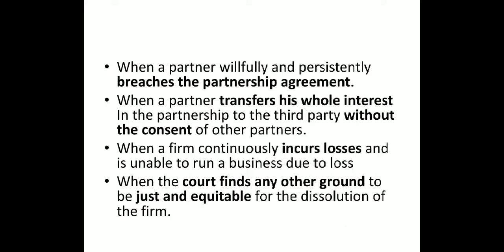So now if any one out of A, B and C transfers his entire share of interest to a third party without the consent of other partners, this leads to dissolution. You cannot do that without taking permission of other partners. Why? Because you work together in a partnership firm, so the decisions are to be taken mutually.